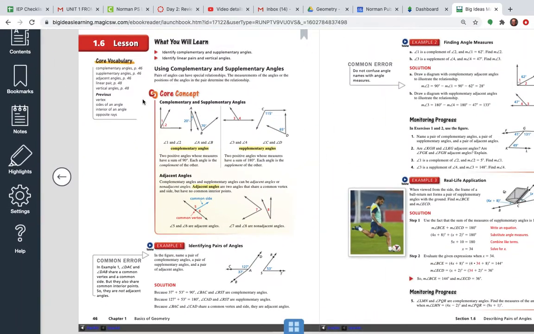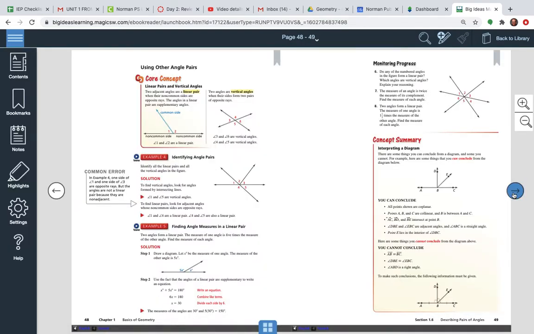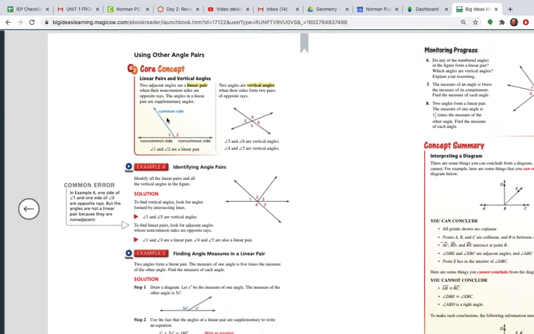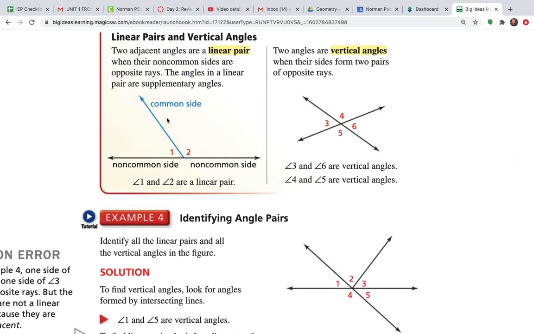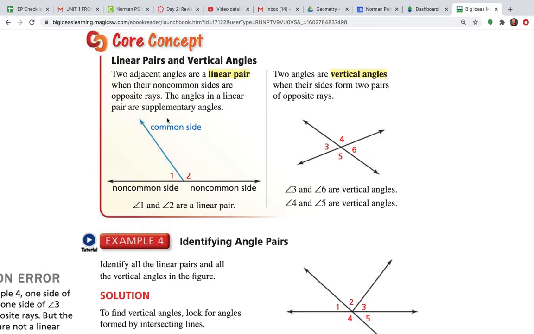Okay, let's see what else we've got. The linear pair. Linear pair, it says, is on page 48. Let's go ahead and go to page 48. Doing these examples in the book, by the way, following along with those will really help. Okay, and I'll talk about this more next week. This is kind of an introduction into what we're going to be doing next week, but this is absolutely critical because if you understand these, you will do well throughout the entire semester and the entire year.